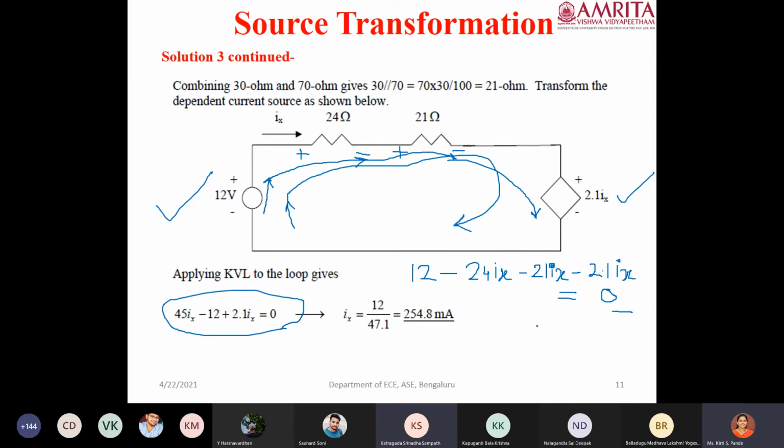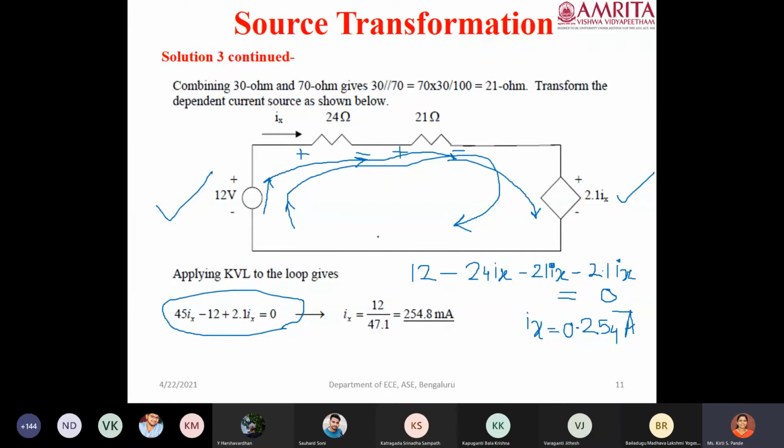The final value: 0.254 amperes. So Ix is coming out to be 0.254 amperes.